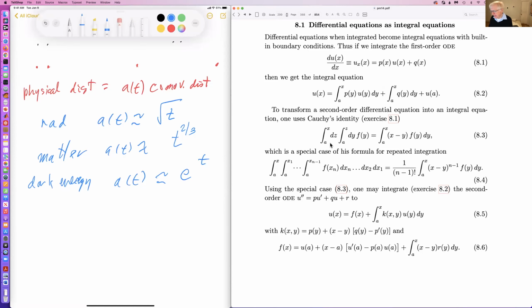All right, let me go into chapter 8. Let me start chapter 8 then. And this is something that we don't talk about so much in physics classes.